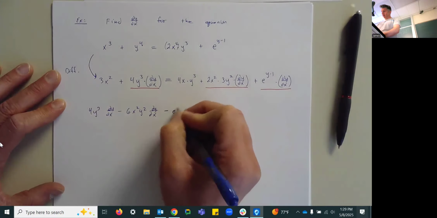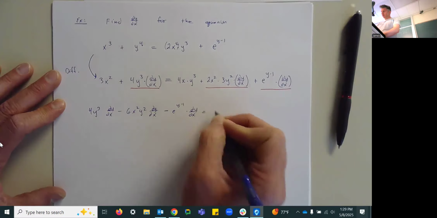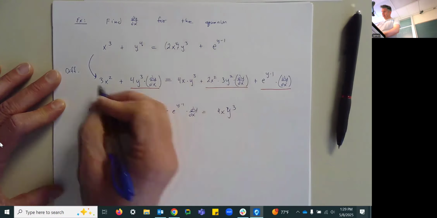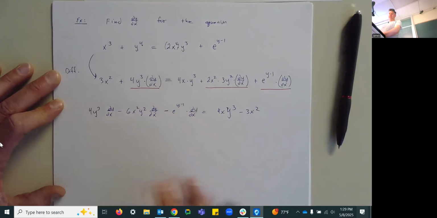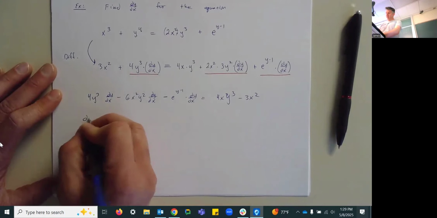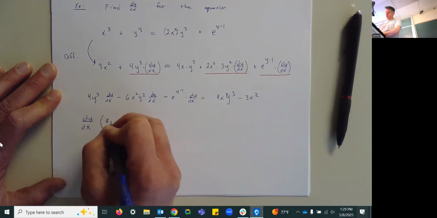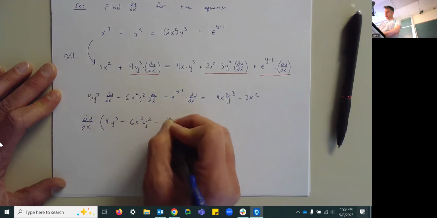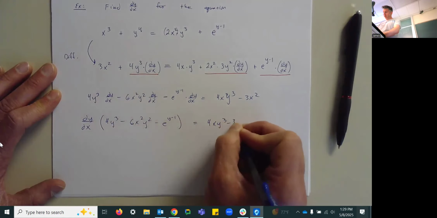Minus e to the y minus 1 times dy dx equal to 4xy cubed minus 3x squared. On the side with the dy dx's, we factor out the dy dx. That's why we got all of them on the same side. So we've got dy dx times 4y cubed minus 6x squared y squared minus e to the y minus 1 equal to still 4xy cubed minus 3x squared.